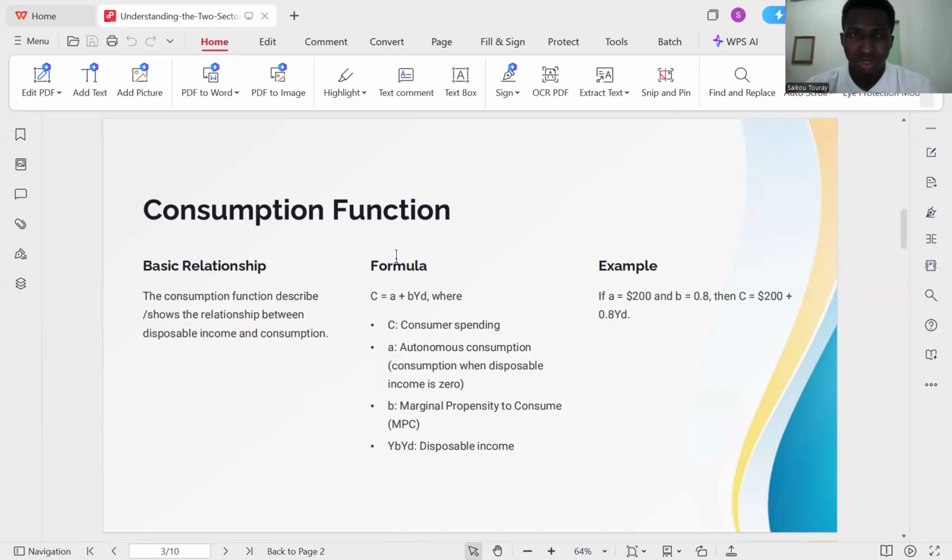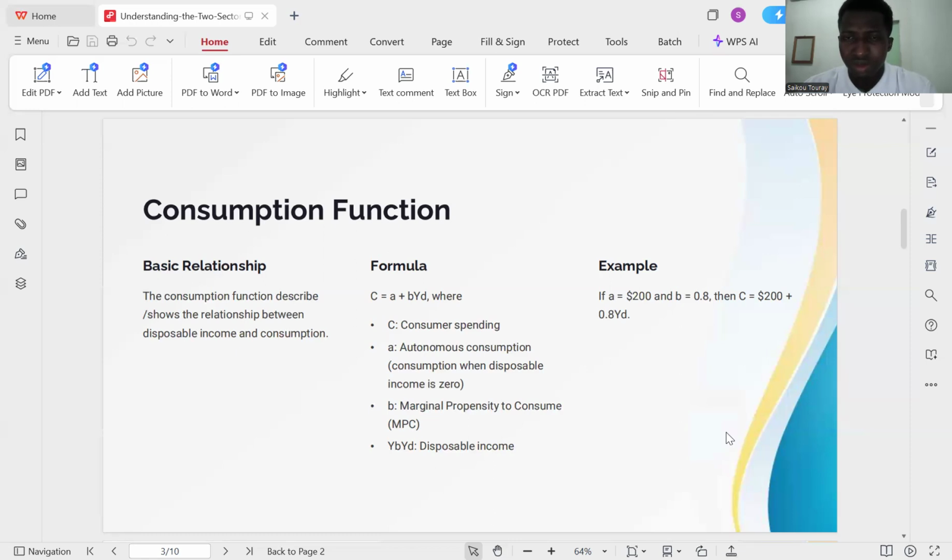If you want to calculate the consumption, C equals A plus B YD, where C is the consumption spending, A is autonomous consumption, or consumption where disposable income is 0, B is the marginal propensity to consume, and YD is the disposable income.